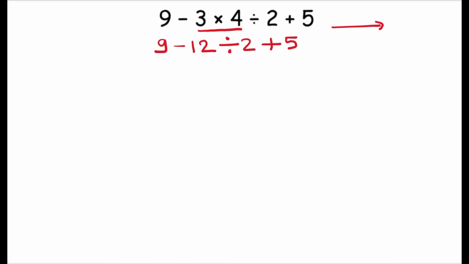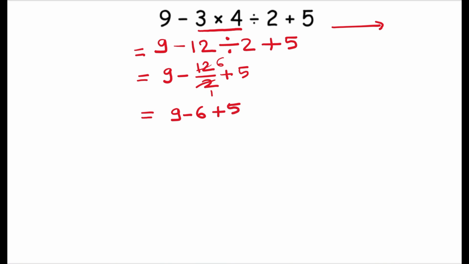Then 9 minus 12 divided by 2, plus 5. 2 ones are 2, 2 sixes are 12. Then finally it will be 9 minus 6 plus 5.